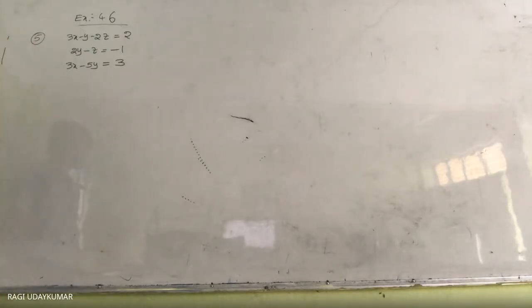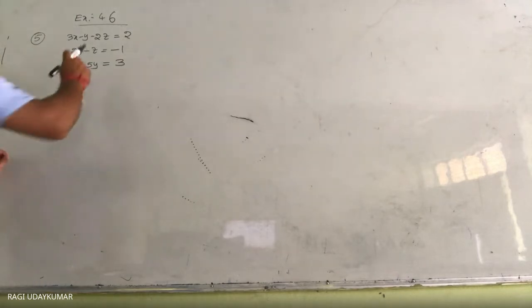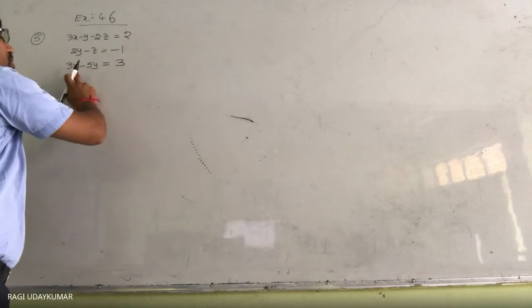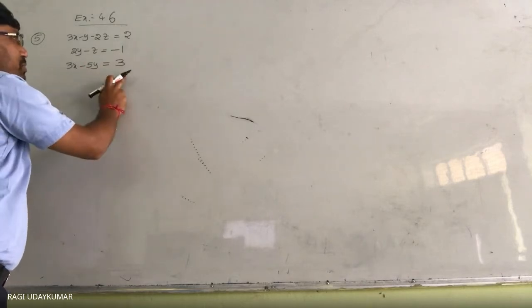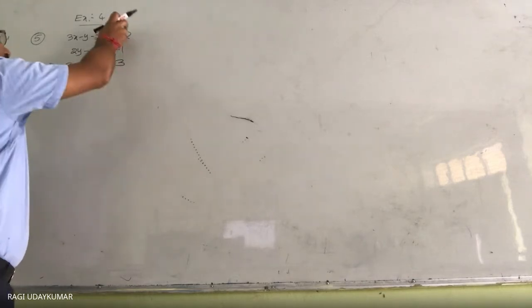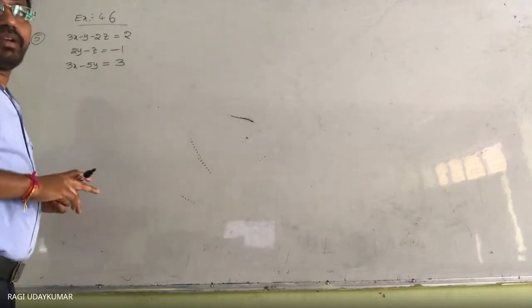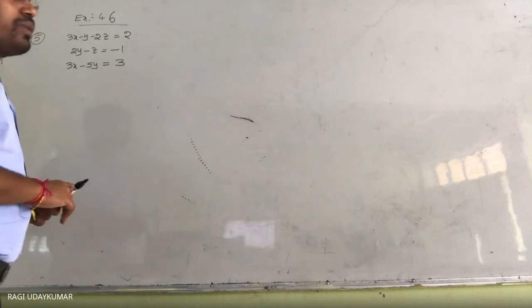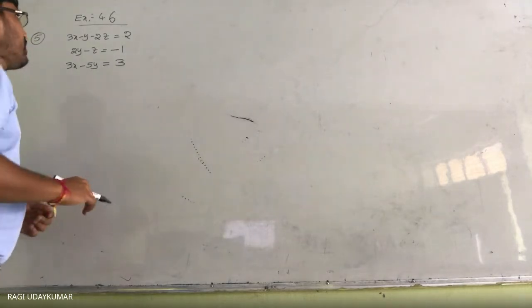See here, this problem can be solved by different methods, directly also. Express z in terms of y in this equation, and express x in terms of y. Replace all that in this equation, and then you get the x, y, z values.